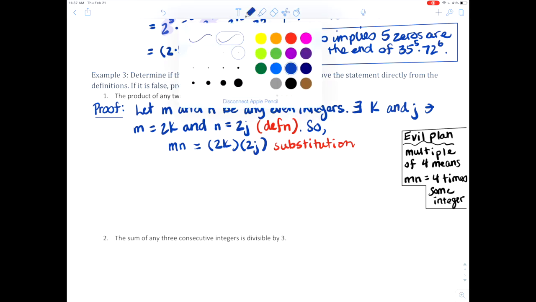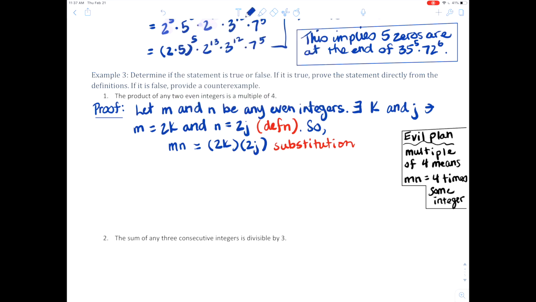All right. Well, I'm not quite there yet, okay? This one will also equal to what? If I commute the 2 and the k, do you see I'll have 2 times 2 times k times j?